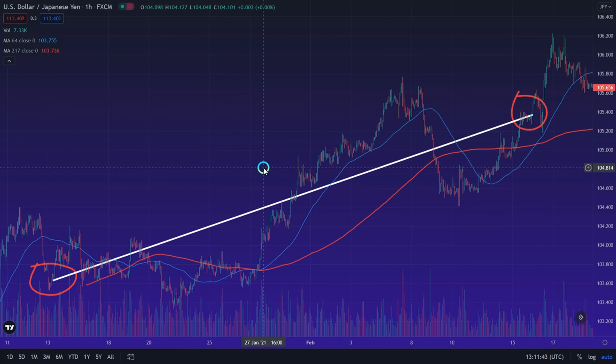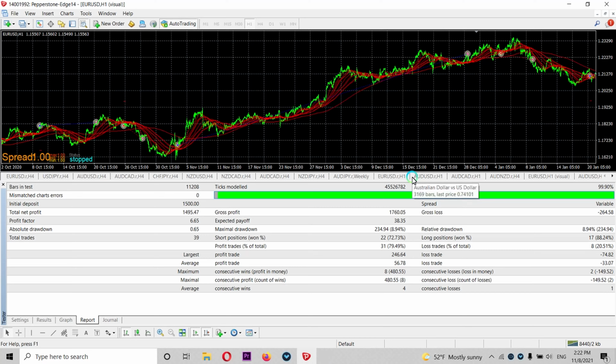Now let's see the real tick data results. Let's look at some statistics. As you see, I ran the test. It actually took a long time to run this test with 99.9% Dukascopy tick data with variable spread and slippage and stuff.